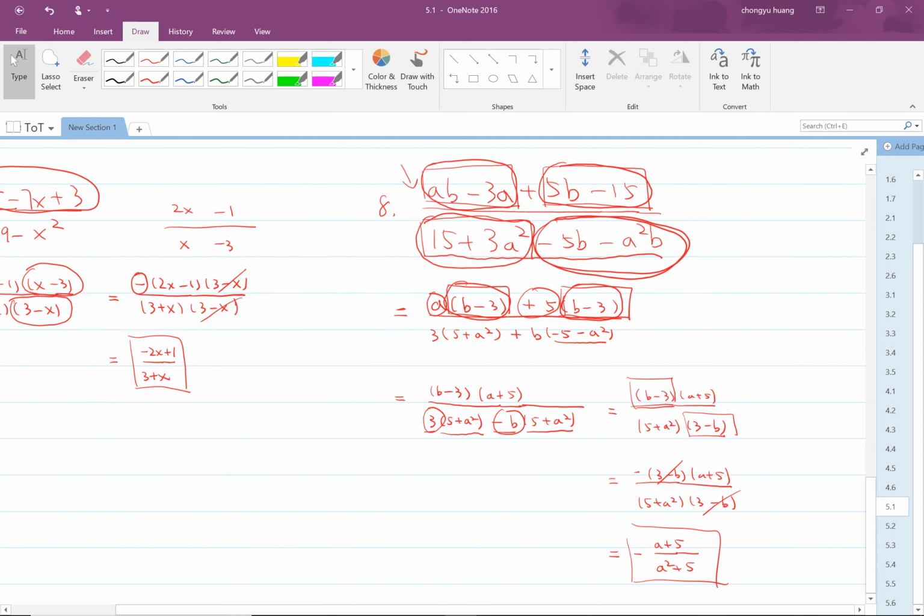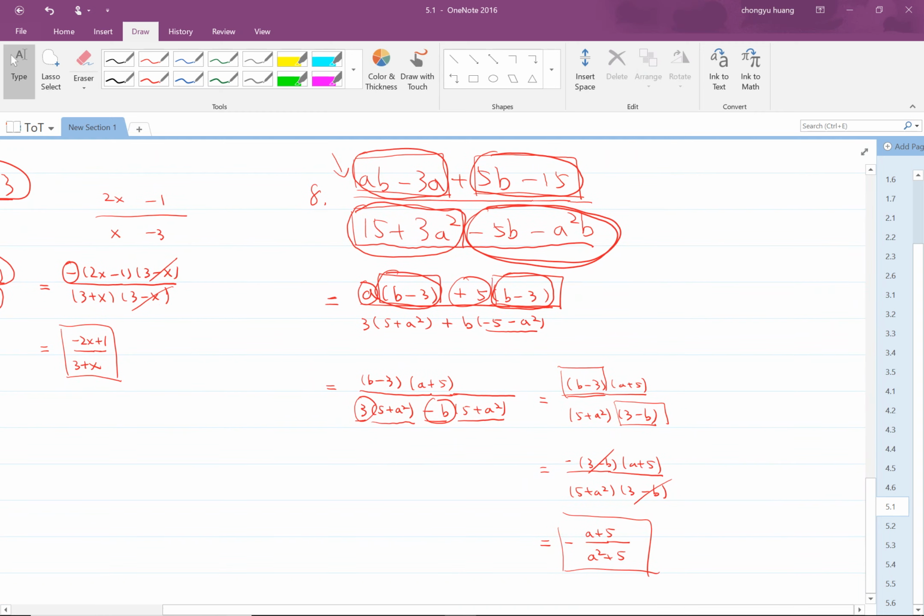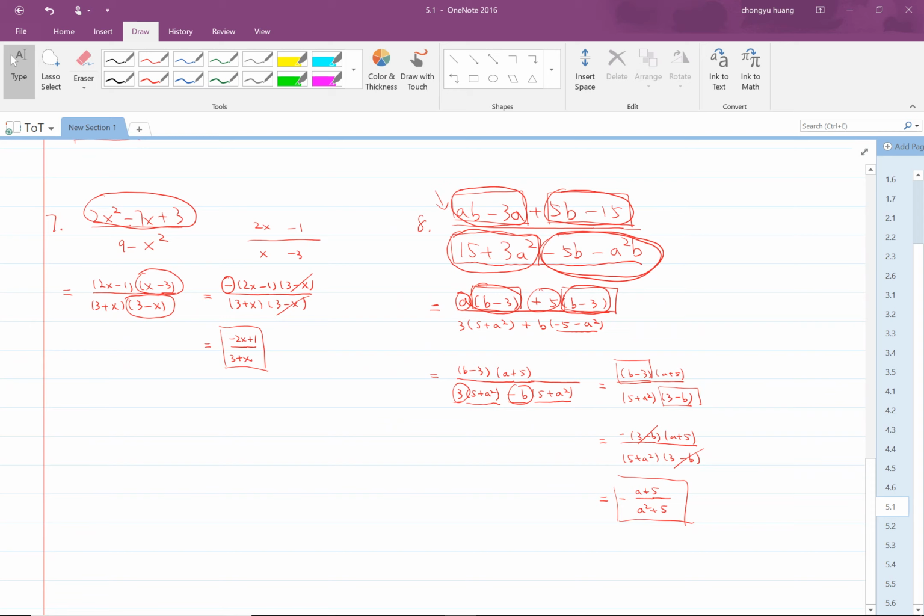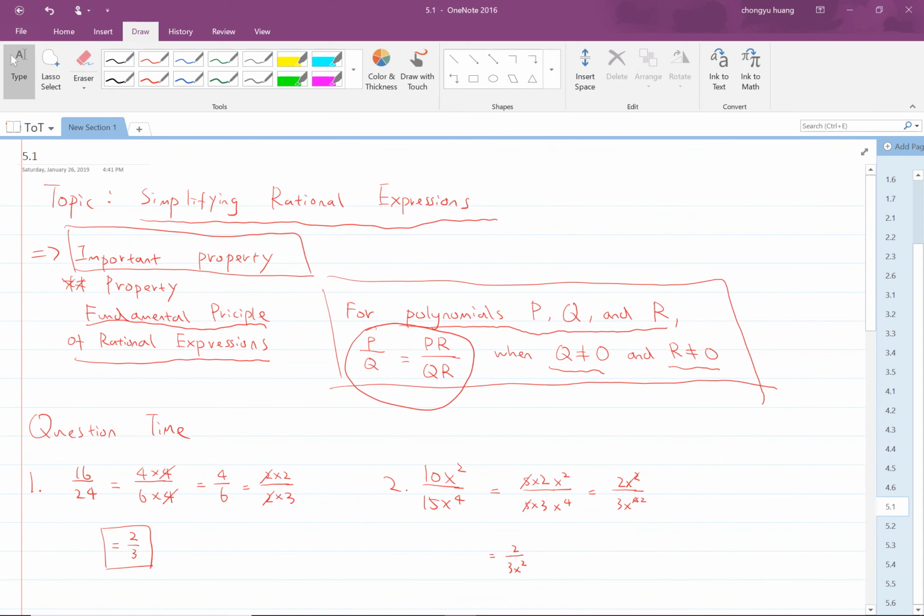So everything does make sense, right? Basically, in this topic, we're talking about how we simplify rational expressions. We're also talking about some really important properties, how we simplify them.